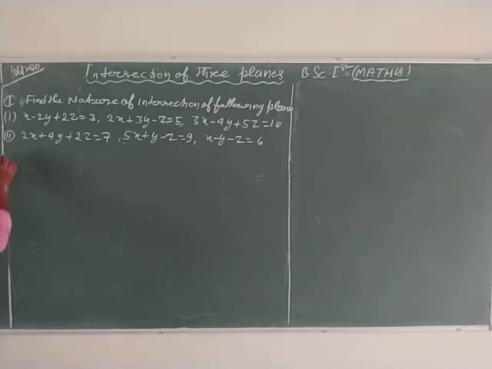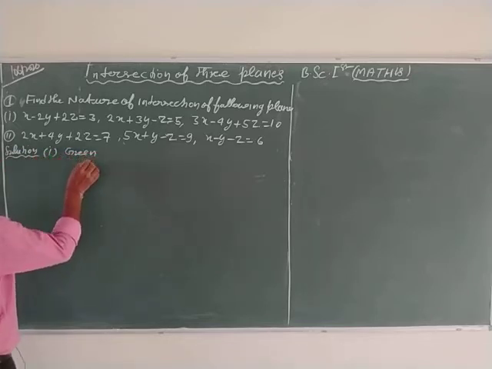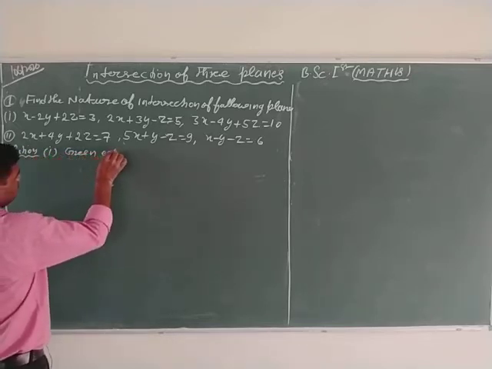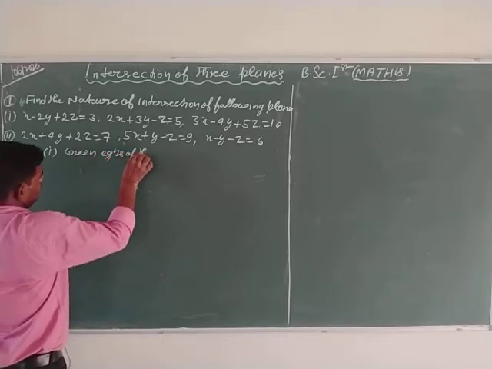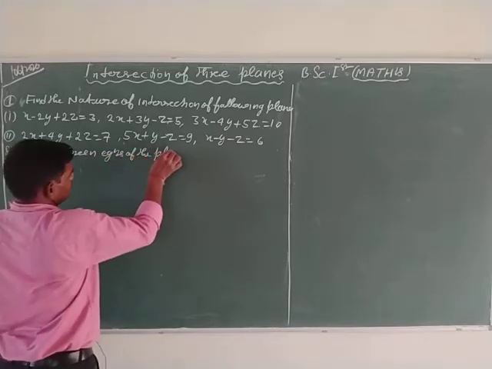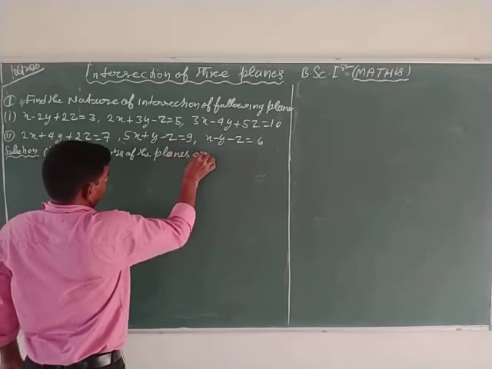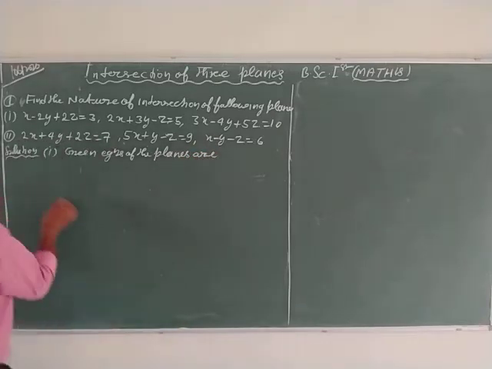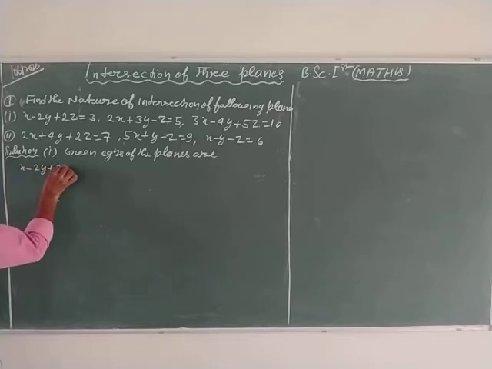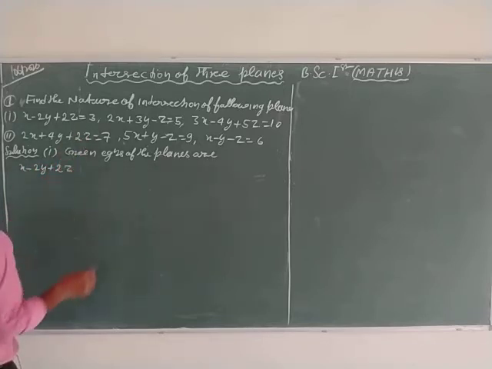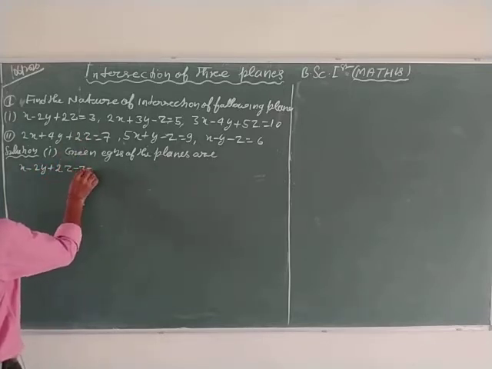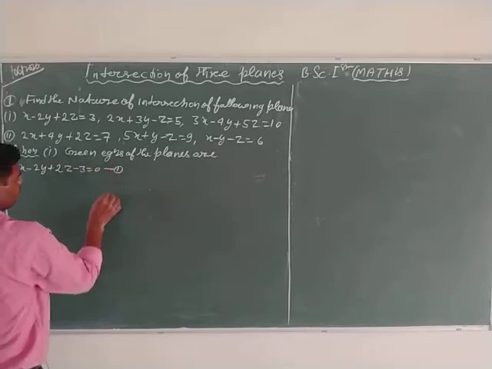So here write the solution of the first case. Given equations of the planes: x minus 2y plus 2z is equal to 3, so write minus 3 is equal to 0, is the first equation.